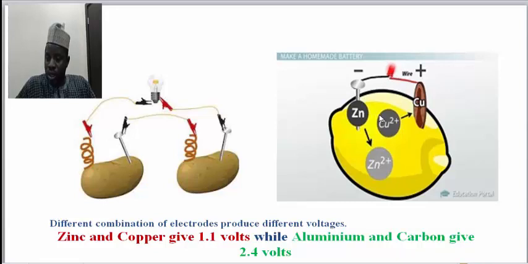Another setup is to use a common potato, with a coil of copper wire and a nail, which behaves like our zinc, to see whether we can get electricity from these two electric cells connected. Here is a demonstration of producing electricity from the lemon.